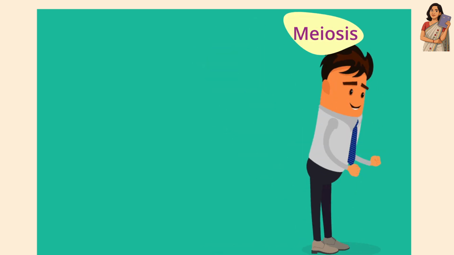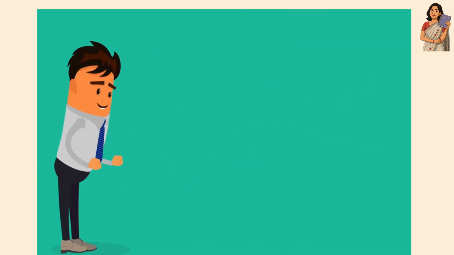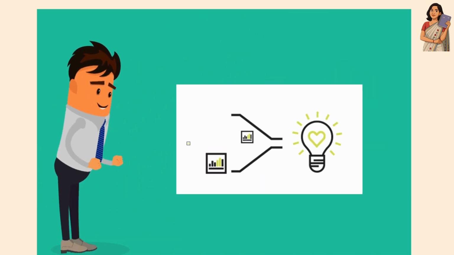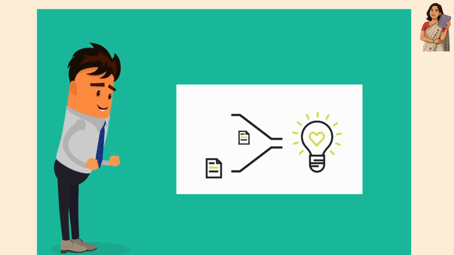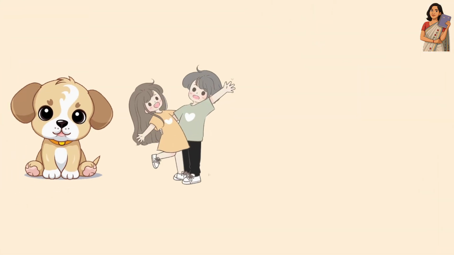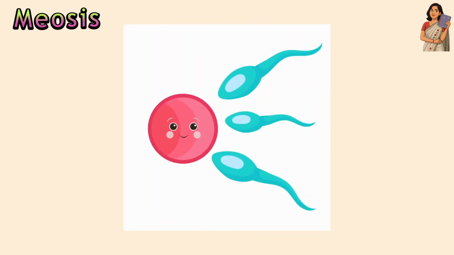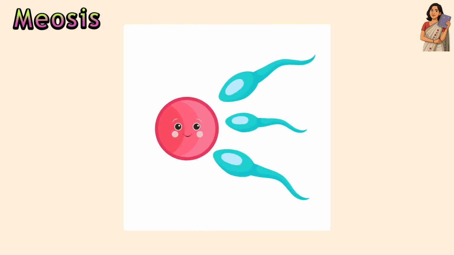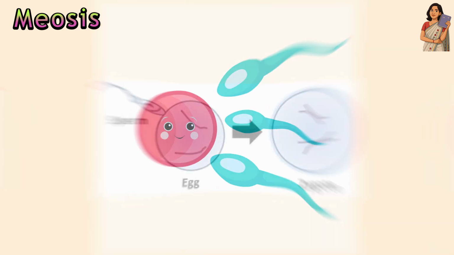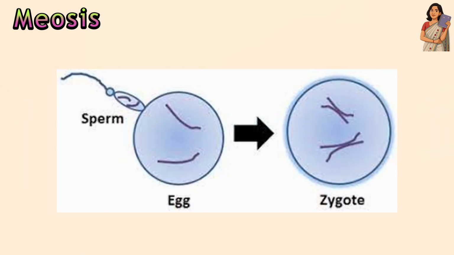Before directly getting into meiosis, let us have some background knowledge about it. We know that all sexually reproducing organisms produce offspring by fusion of two gametes, like egg and sperm. Here, both egg and sperm carry a haploid set of chromosomes.